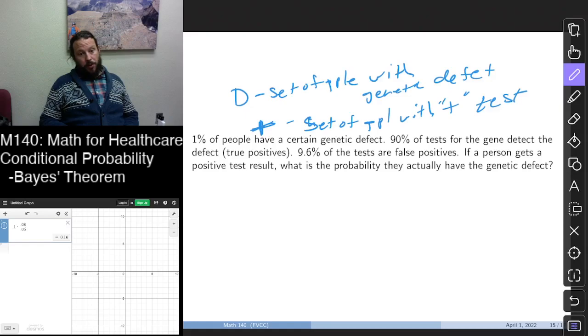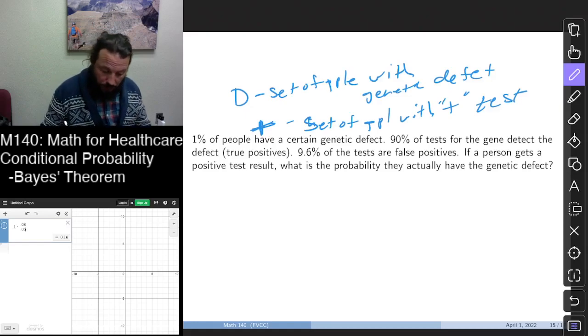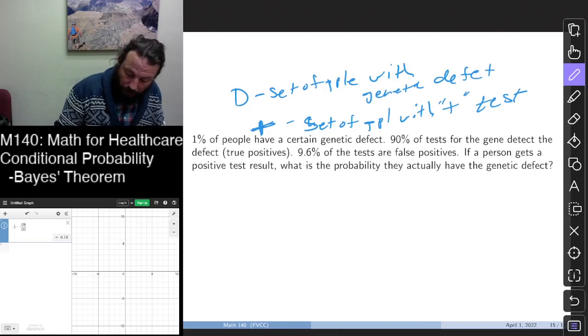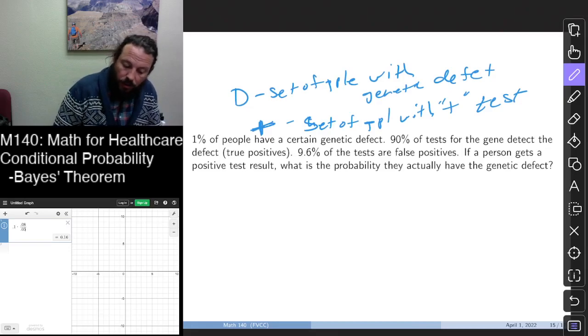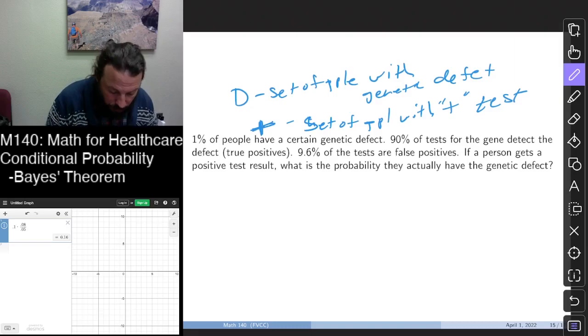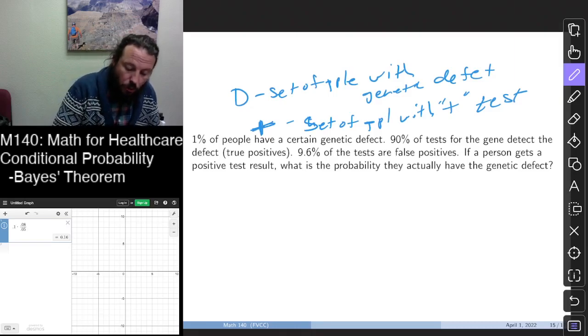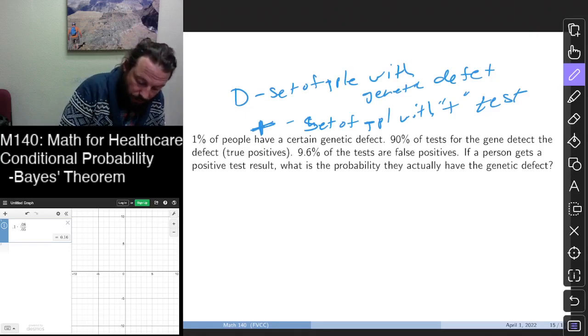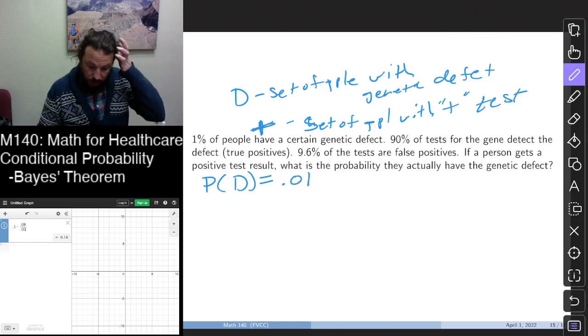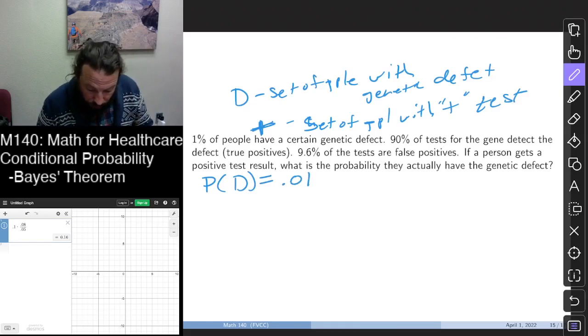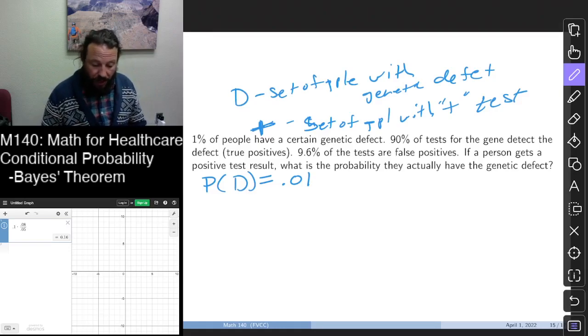So using those, I'd try and build your tree diagram on your own, then hit pause and come back in and let me know, or follow along where you may have missed anything. But let's see here. What are these numbers? We have to pick them out carefully. We got 1% of people have a certain genetic defect, so right away the probability of D equals 0.01. 90% of tests detect the defect, so true positives.